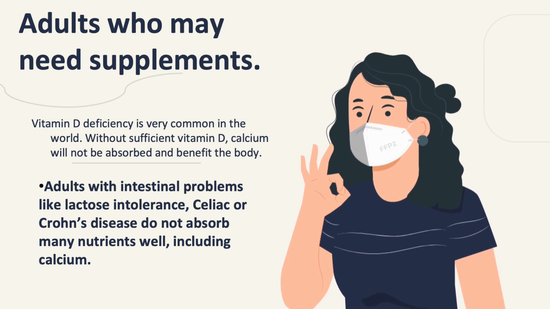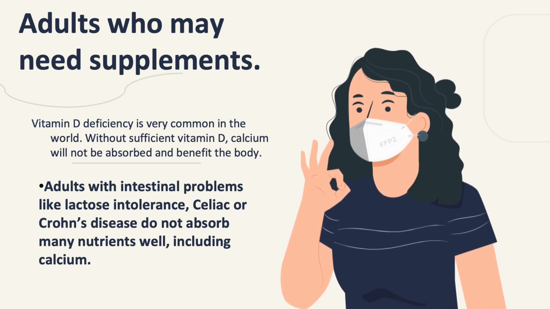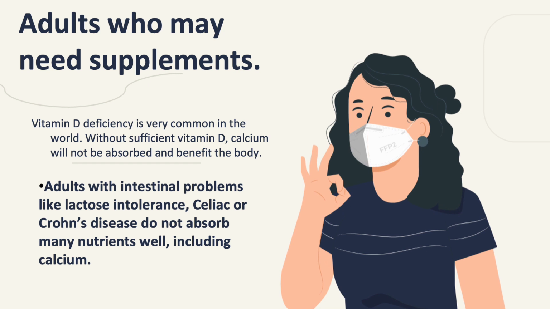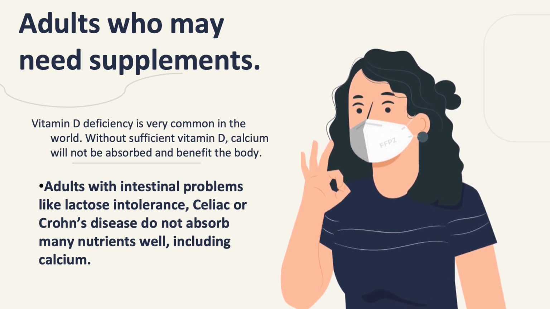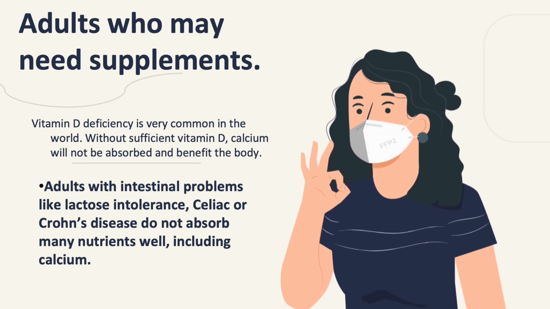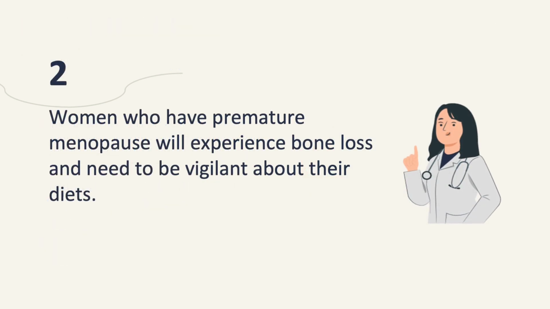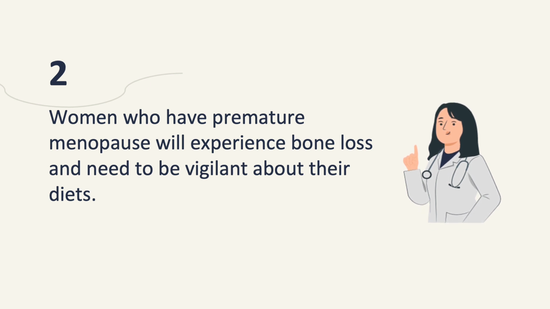So, which adults should take supplements? Number 1. Adults with intestinal problems like lactose intolerance, celiac or Crohn's disease do not absorb many nutrients including calcium. They should take calcium supplements. Women who have premature menopause will experience bone loss and need to be vigilant about their diets.